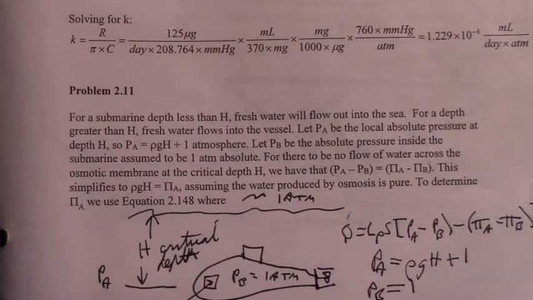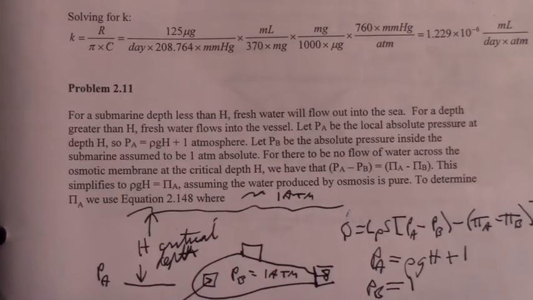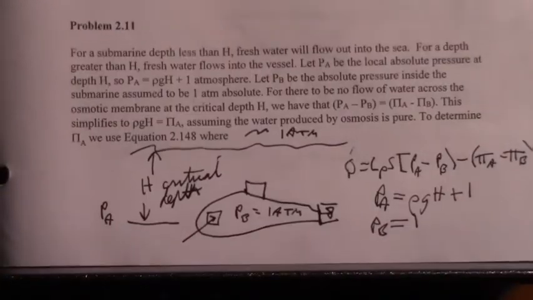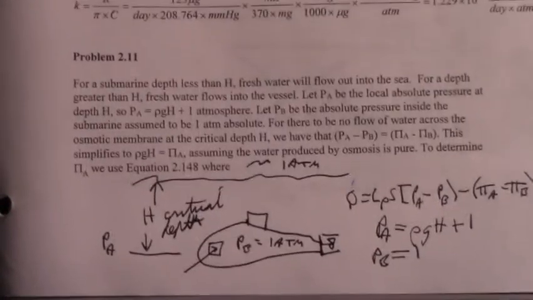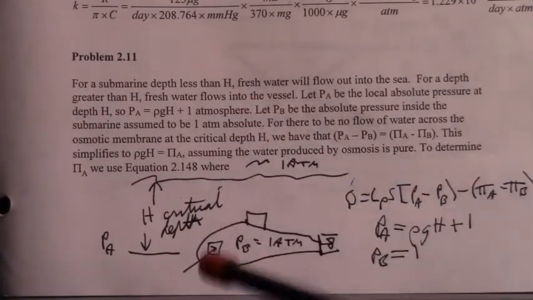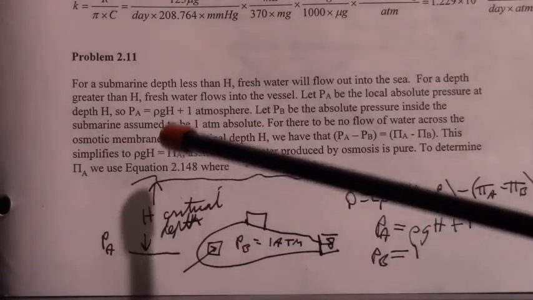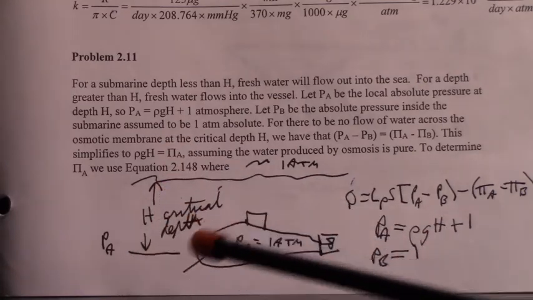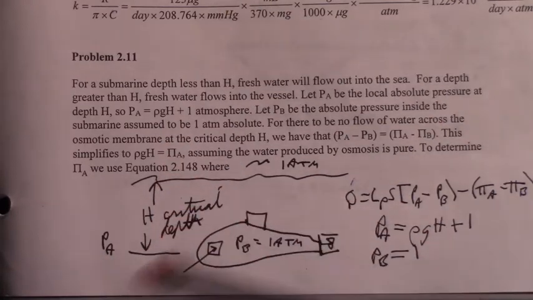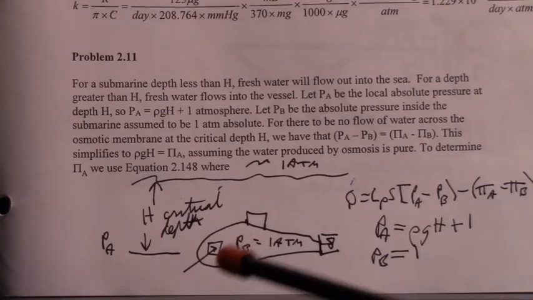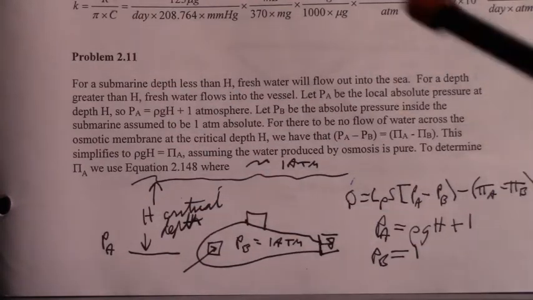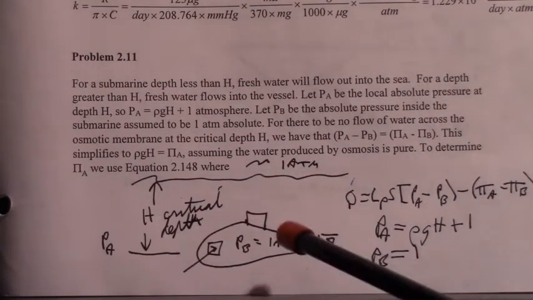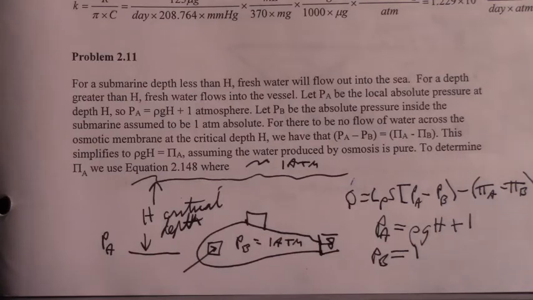If you've heard the term reverse osmosis, that's all it is: the filtration flow is now in a direction opposite of osmosis. So if the submarine were below the depth H, it could conceivably take seawater, and just from the high hydrostatic pressure, you would form fresh water on the inside of the submarine.